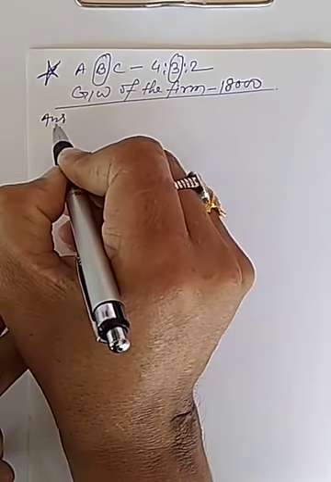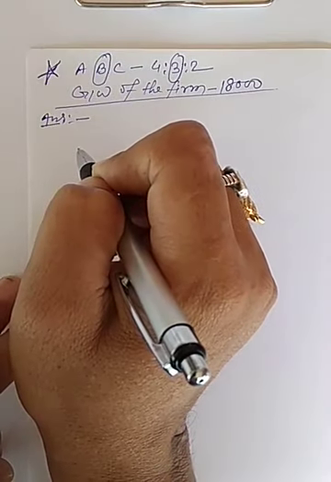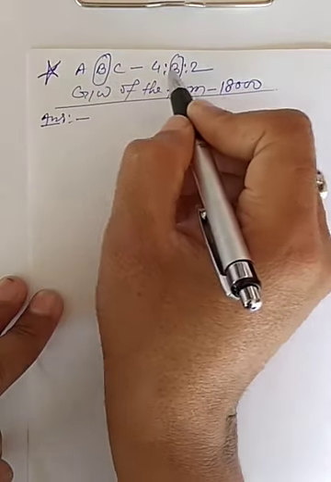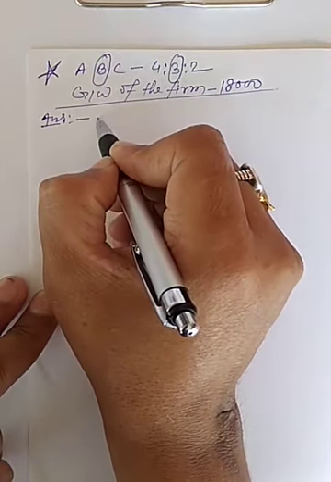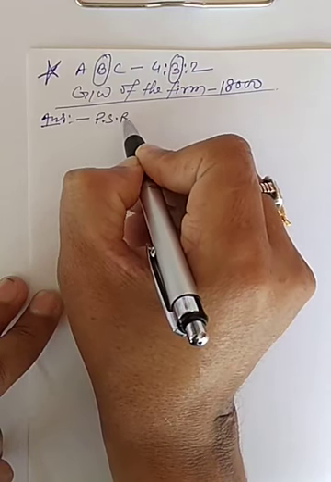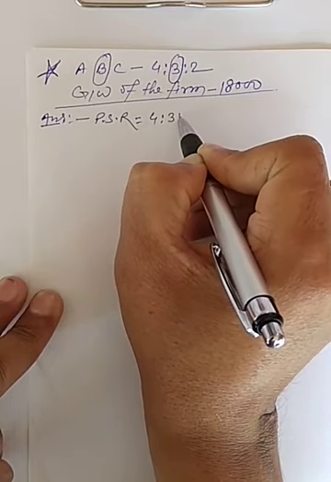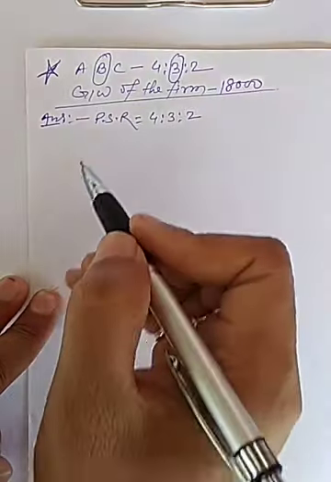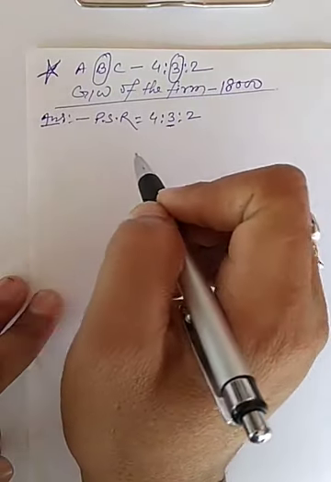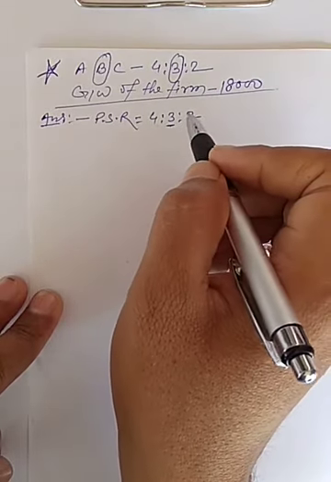Answer will be: profit sharing ratio of A, B, C is given, 4:3:2. B retires, but nothing is stated about new ratio.